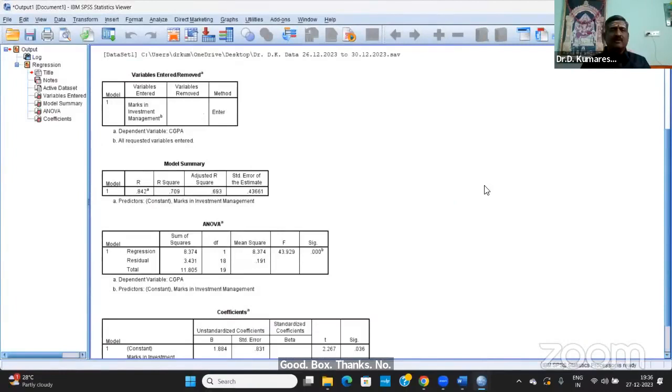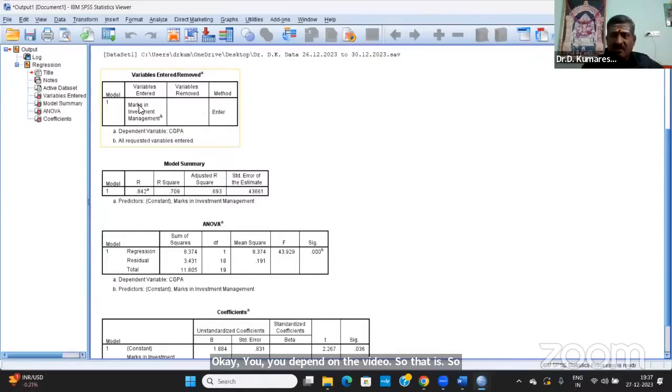Look at here. There are two methods: the enter method and the remove method. Normally, when we go for analysis, the default method is the enter method. Here, we have entered only one independent variable, so that is entered.